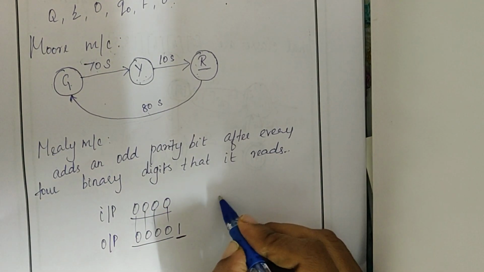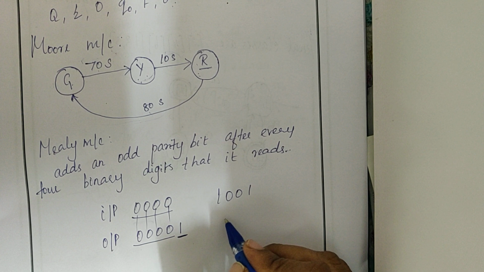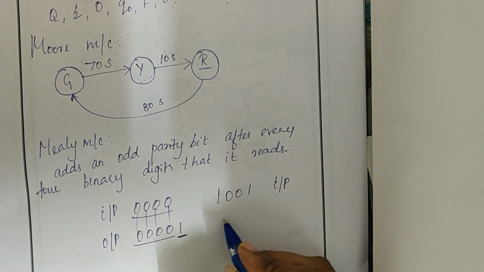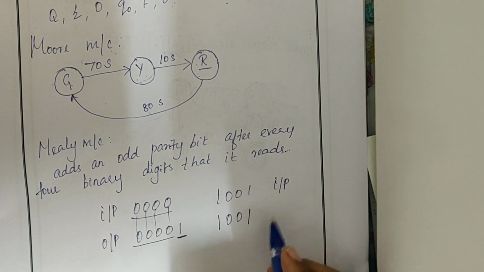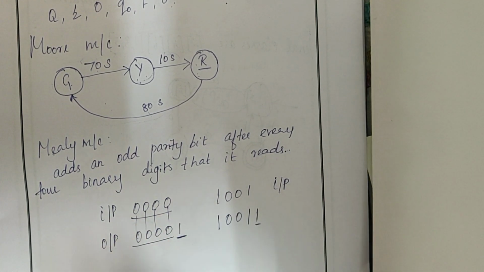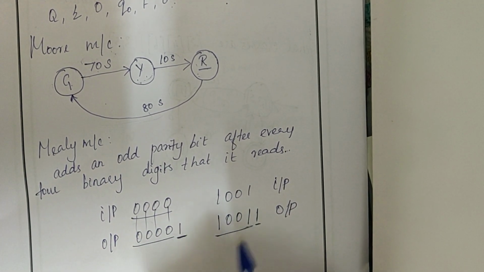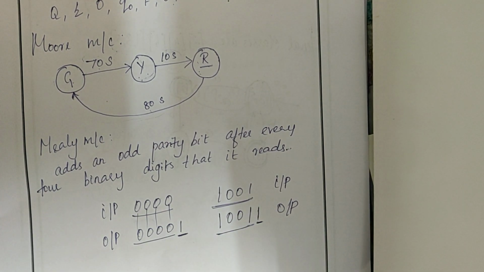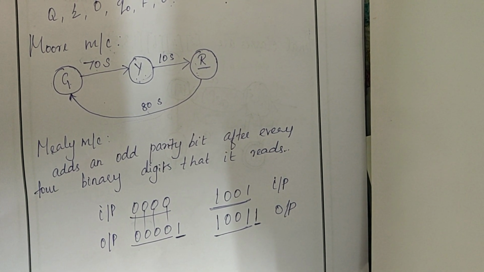Suppose it reads a bit like this, if this is my input, what will be my output? Same 4 digits plus a parity bit. This will be my output. First 4 bits are the same as my input plus a parity bit. So we can discuss this sum.